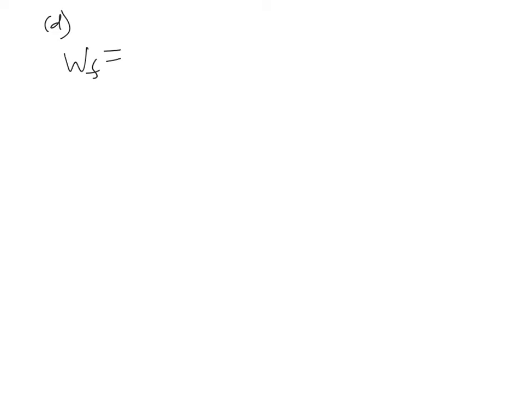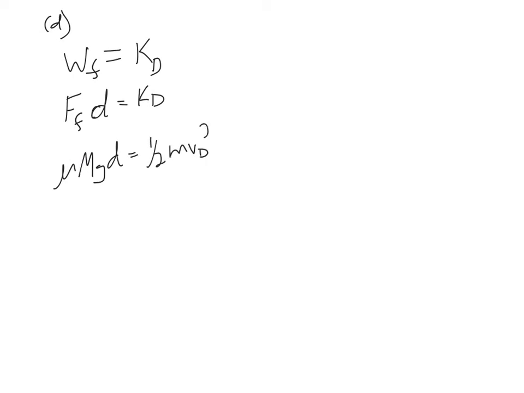This time, the work done by friction is going to equal the kinetic energy it had at D. Force of friction, if you remember, is mu mg, and work is force times distance d. So mu mgd equals 1/2 m vD squared.